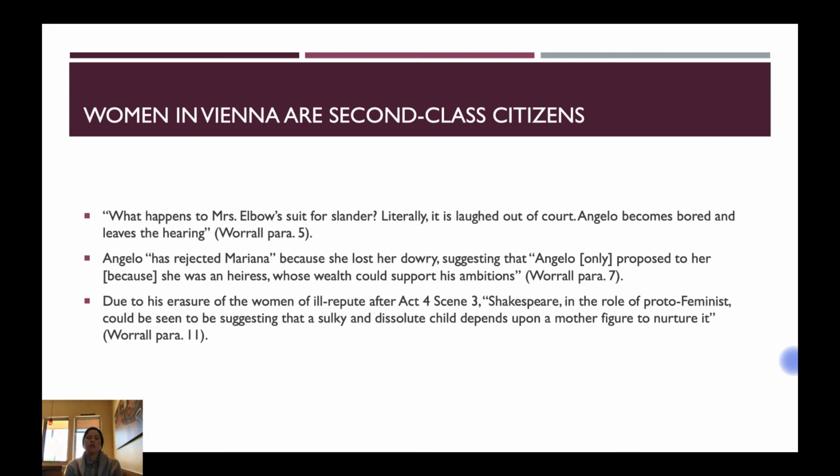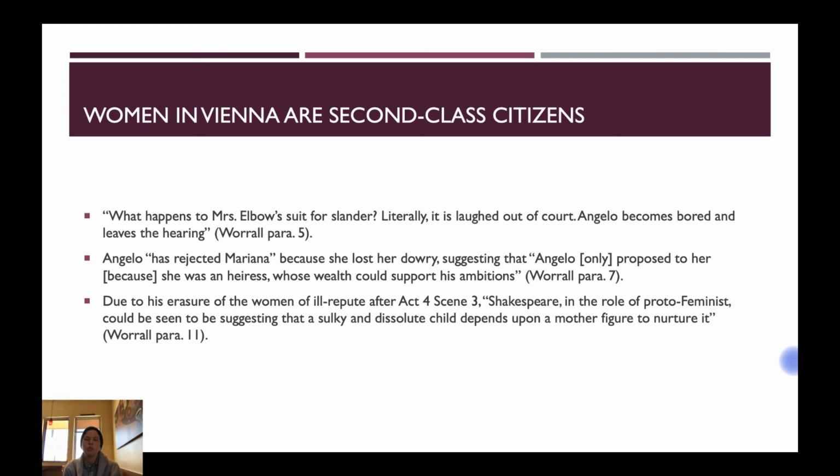And we also see, more generally in the play, due to his erasure of the women of ill repute after Act 4, Scene 3, Shakespeare, in the role of proto-feminist, could be seen to be suggesting that a sulky and dissolute child depends upon a mother figure to nurture it. So again, that idea of nurturing this city, nurturing this child that is just out of control.